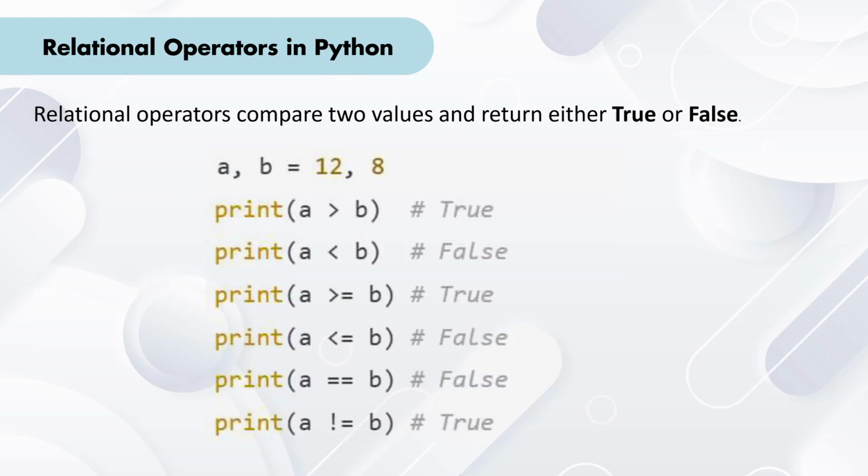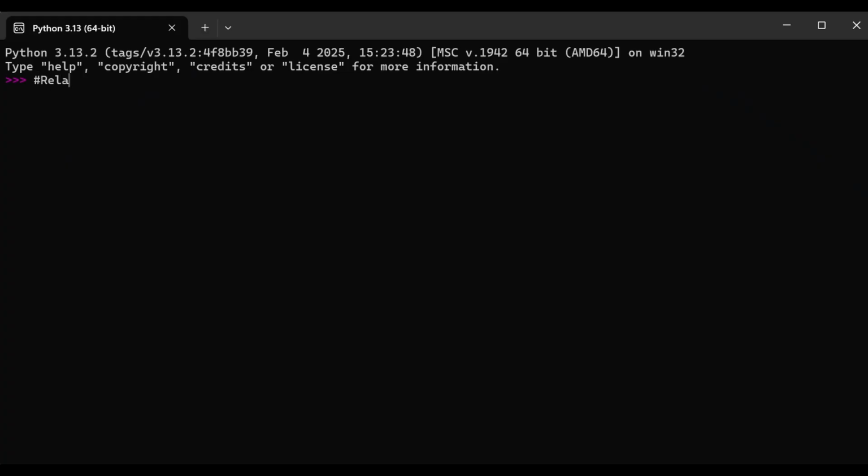In this example, we compare the content of A and B using different relational operators and display the result. Let us write some Python code with some relational operators and see the output. In this demonstration, we will explore relational operators in Python using a simple example in the Python command prompt.